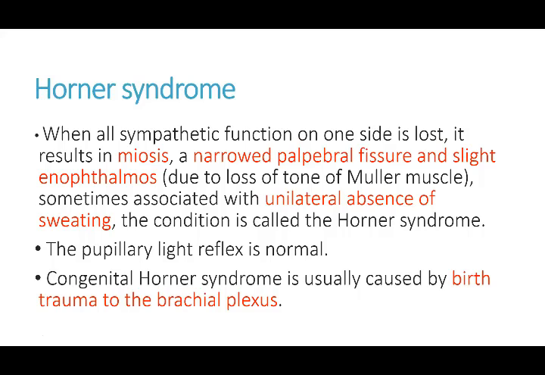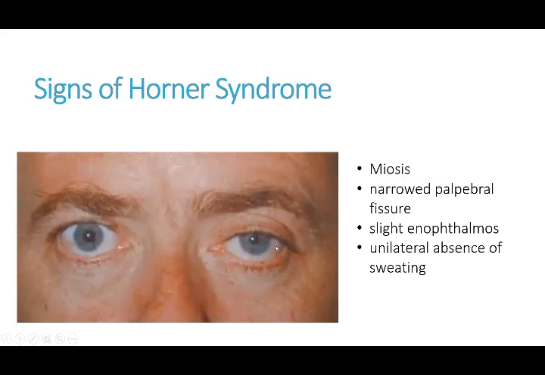Now these are the signs of Horner syndrome. If you note, there is meiosis relative to this eye. In the left eye, there is meiosis, ptosis, narrowed palpebral fissure, slight enophthalmos, it looks like the eye has gone slightly inward.